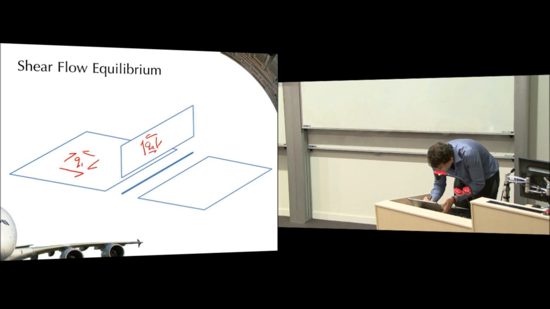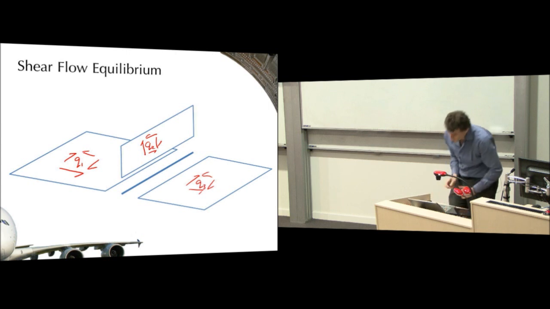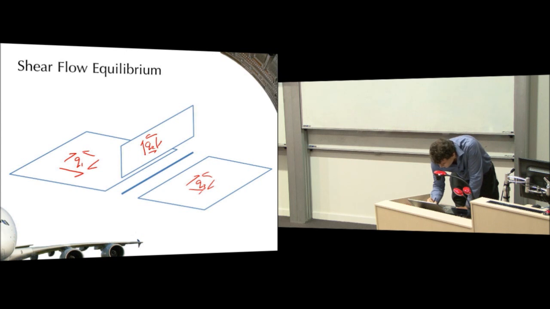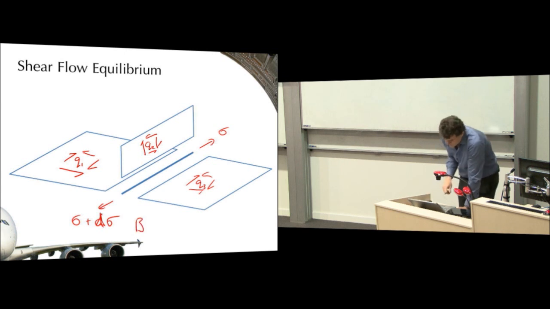In this panel of Q2, and in this panel of Q3. And in the middle we've got a boom. And on that boom there are some stresses, stress sigma. And that boom has an area B, say.